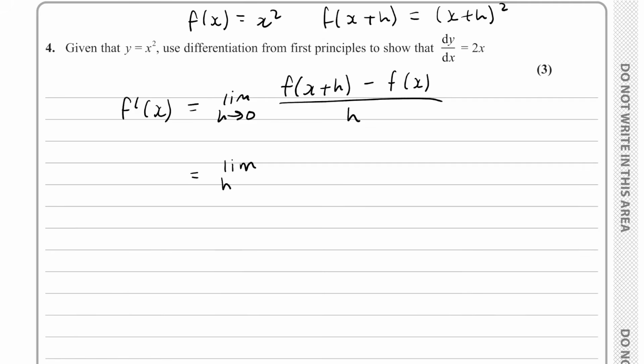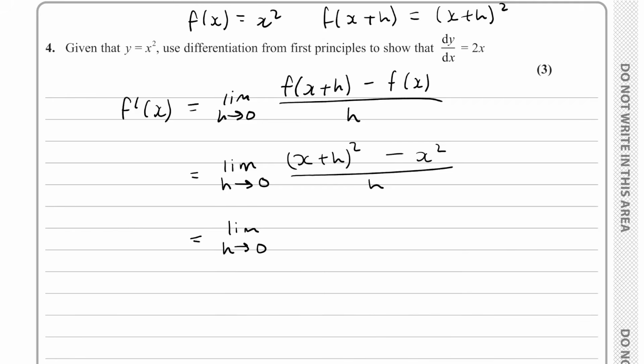So the limit as h approaches 0 of x plus h squared minus x squared over h. So it's a limit as h approaches 0.